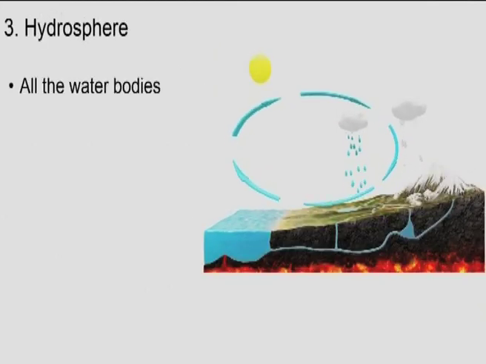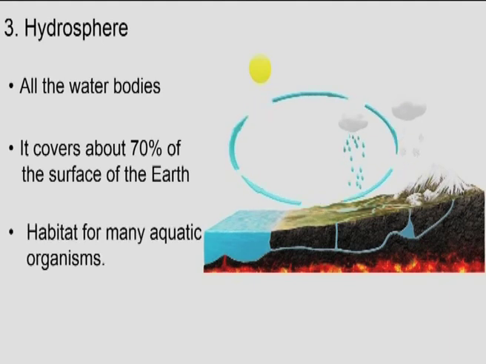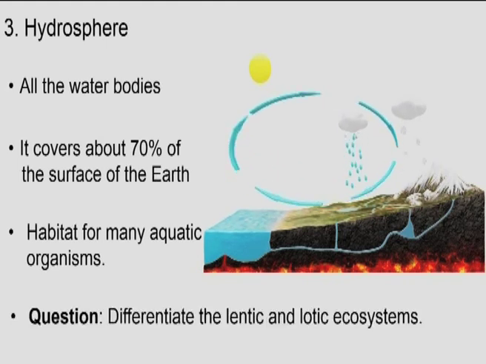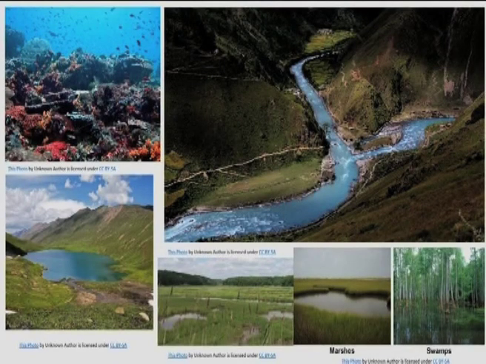Let us move on to the next sphere of the earth, that is the hydrosphere. The hydrosphere consists of all water bodies. It covers about 70% of the surface of the earth, and many aquatic life forms are found in the hydrosphere. The hydrosphere is again divided into three categories of ecosystem.